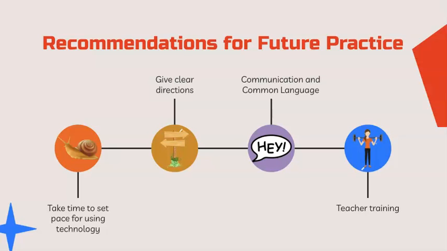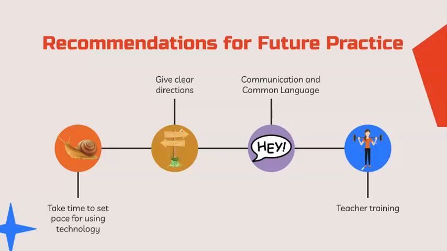When teachers are using technology, it is very important that teachers give clear directions and communicate to the students very clearly the intention and the purpose of what the technology is for. My next recommendation is to always be in communication with parents and with the administration and with the students, making sure that all parties are communicating with a common language.